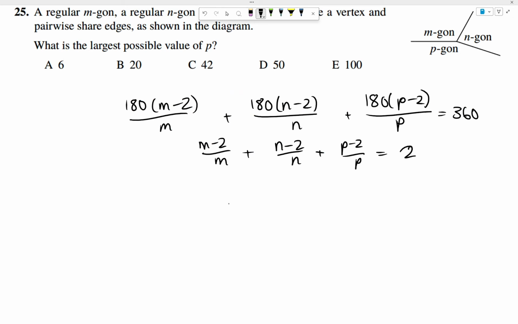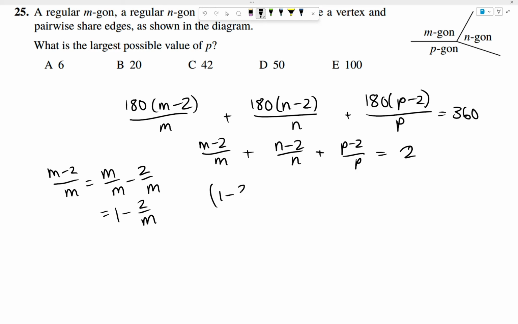And then I'm going to rewrite each of these fractions, like m minus 2 over m, as m over m minus 2 over m, which is 1 minus 2 over m.